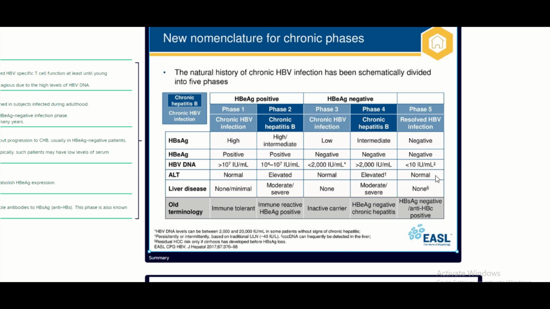And to try to differentiate occult or resolved infection from vaccination: in vaccination, we have anti-HBs antibody, but in occult, we'll have only anti-HBc. And this is usually rare to find in patients.